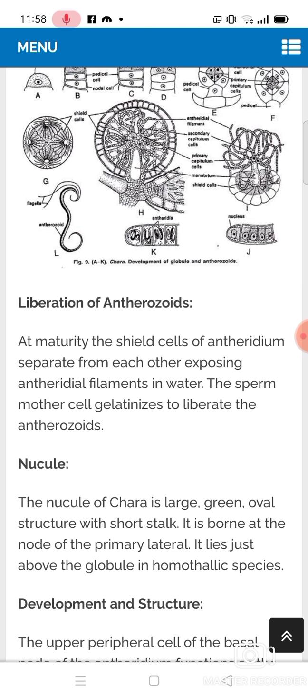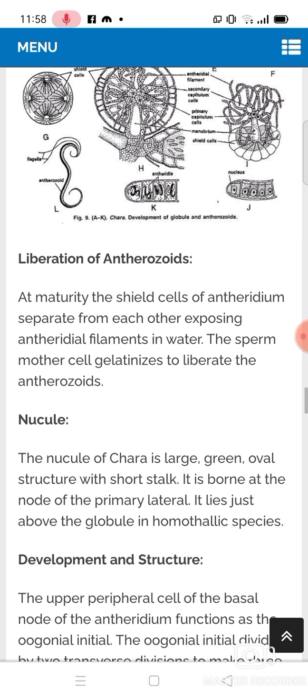So how are the antherozoids liberated from the antheridium? The antheridium is a cup-like structure which contains the antherozoids, or the sperm. At maturity, the shield cells of the antheridium separate from each other, exposing the antheridial filaments in water.